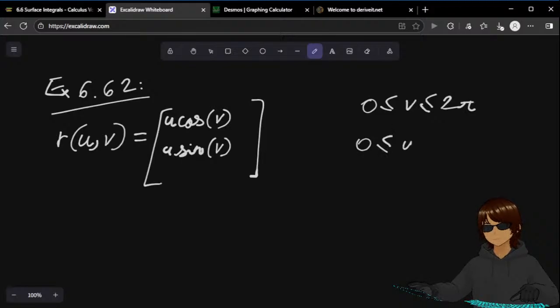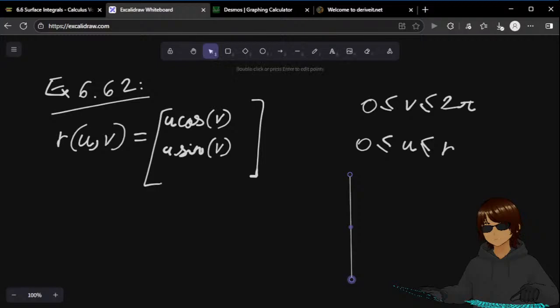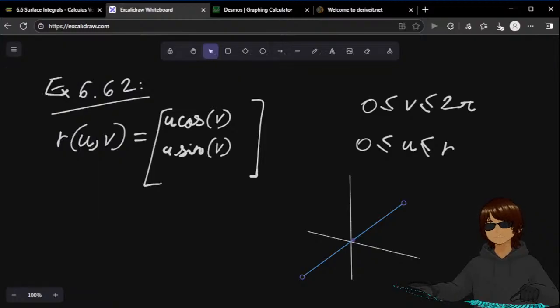Going from 0 all the way till R. So at a particular U, let's say we fix U to R half, then we have a cone scaled by this value, right?